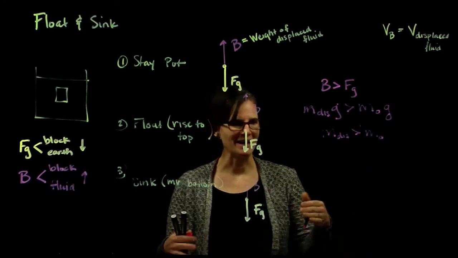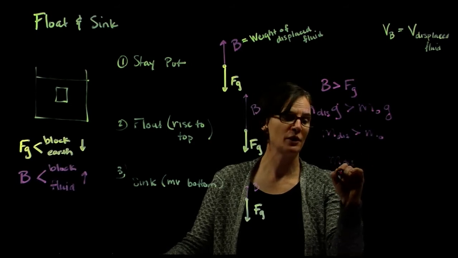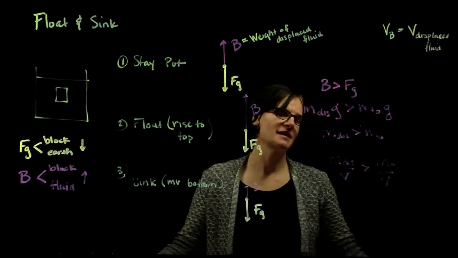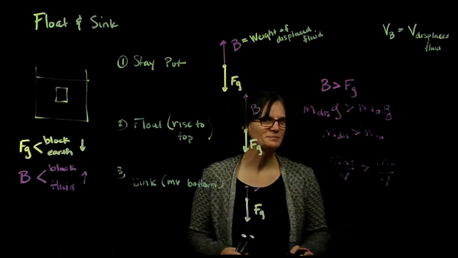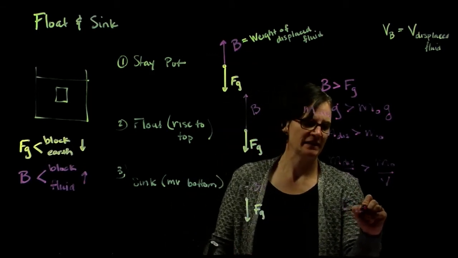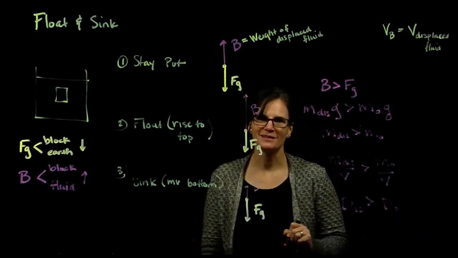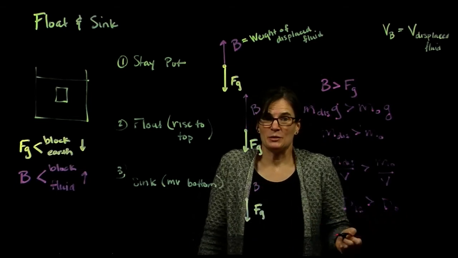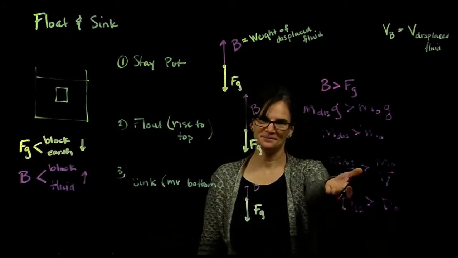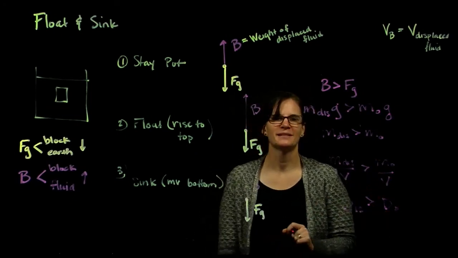So, similar to the last derivation, that means that the mass of the displaced fluid per volume is greater than the mass of the object per that same volume, normalizing them. And therefore, the density of the displaced fluid is greater than the density of the object. And so that leads us to knowing when something floats, right? The density of the object is less than the density of the fluid. The density of the fluid is greater than the density of the object.